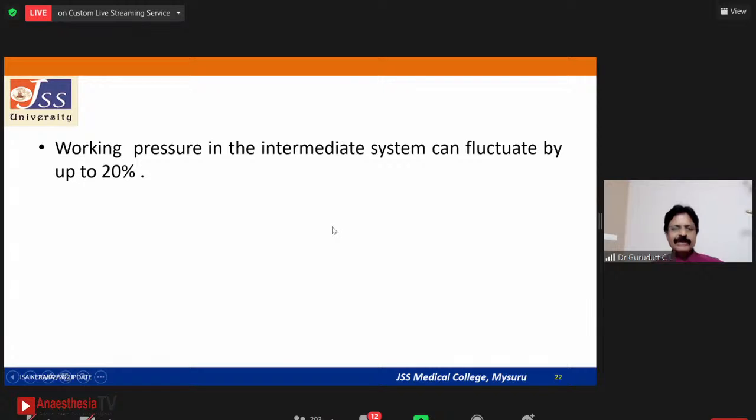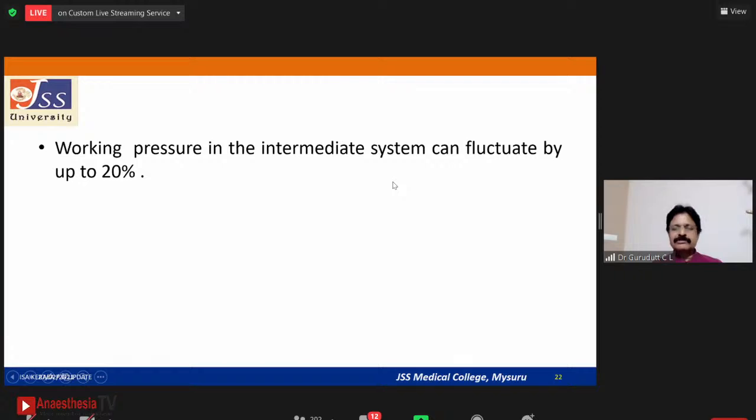One thing we should always remember is that when too many OTs are working and everywhere oxygen is being used, there can be some fluctuation of the oxygen pressure. So from the pipeline directly coming to the flow meter, if the pressure fluctuates, the flow can alter, isn't it?